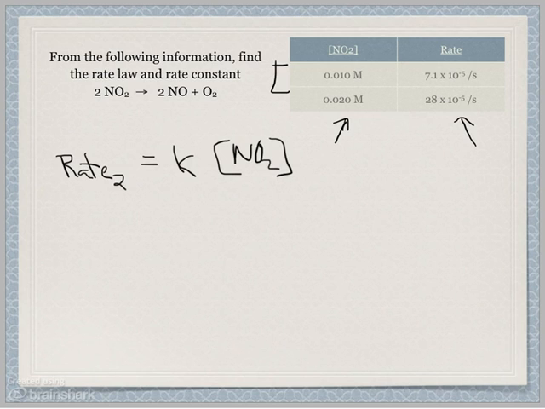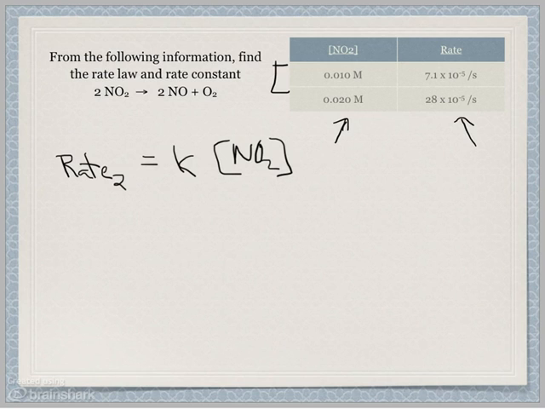So now you have something like this, and this is all to a power that you don't know, so we're just going to label that power as M. Now we need to figure out what that M is going to be. We already have our concentrations and our rates, so we just have to figure out this exponent. Let's plug in our numbers.